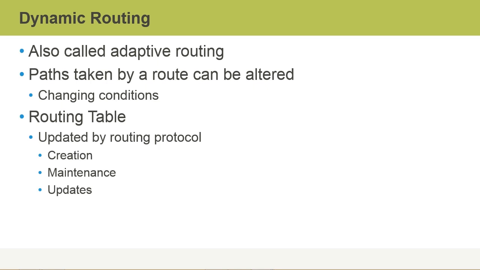The routing protocol is also responsible for updating that information. As changes happen on the network, the routing protocol sends updates out to all the other routers saying, hey, there's a change to this pathway, apply this change. That's one of the benefits of dynamic routing.